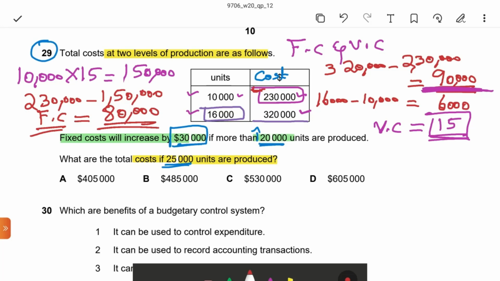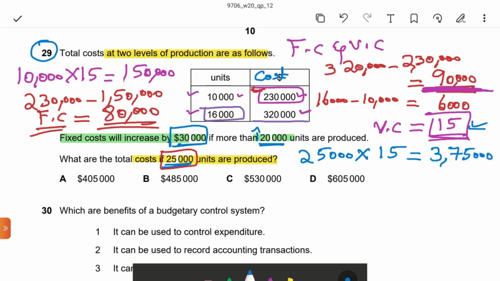Now we have to apply this to our question. For 25,000 units, what are the variable and fixed costs? 25,000 multiplied by the variable cost of 15 is 375,000.